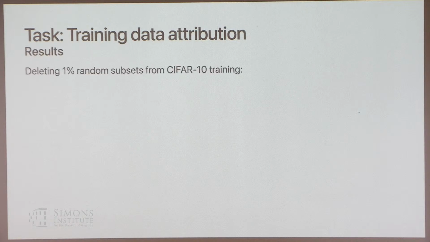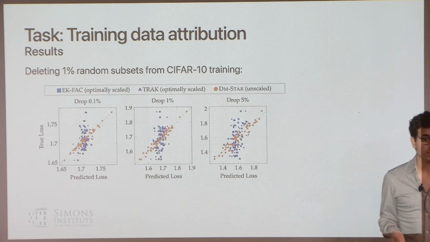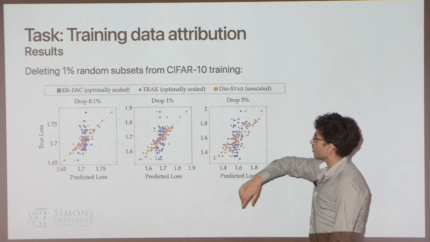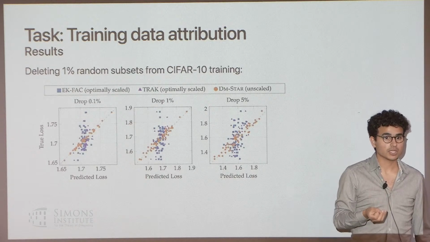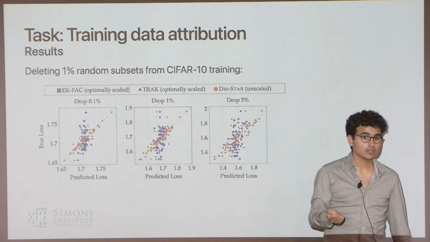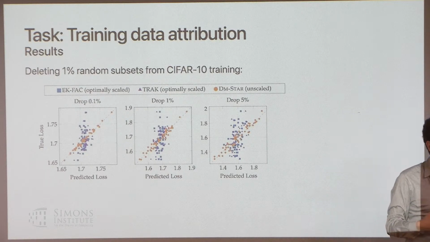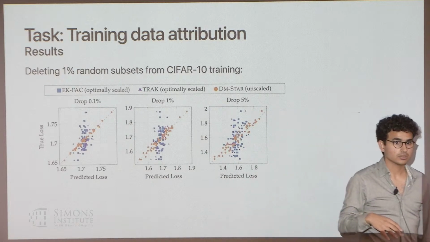Okay. So what happens here, if we study, for example, deleting random 1% subsets from the CIFAR-10 training set and looking at the output on a single example? The way you should interpret this plot is that each point is a different training data set. There's a different set of 1% of the points that we decided to drop. The x-axis is what we predict the loss will be if we dropped those samples, and the y-axis is what the loss actually was when you drop those samples.